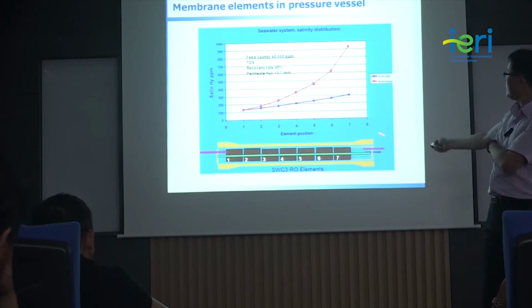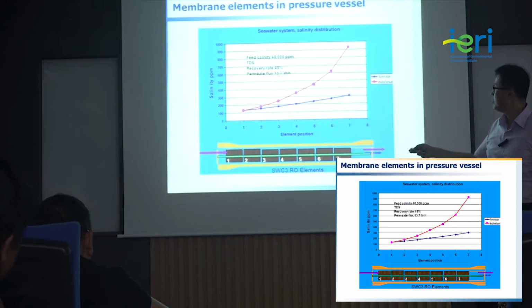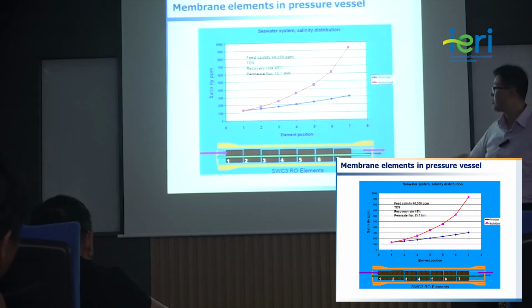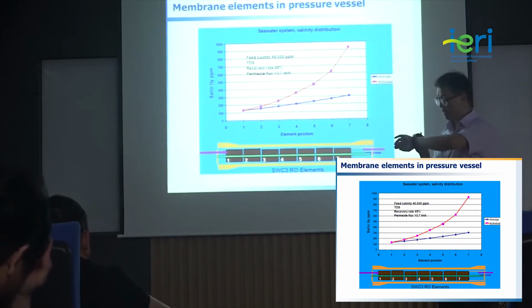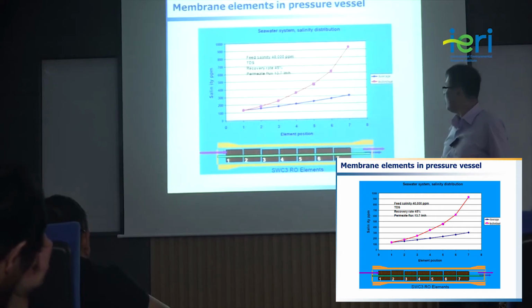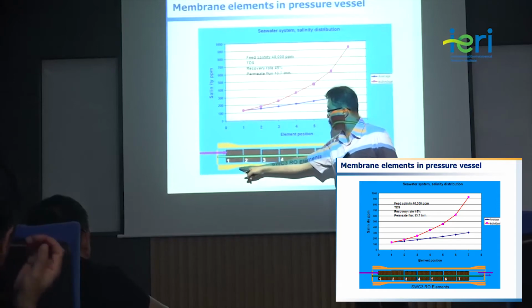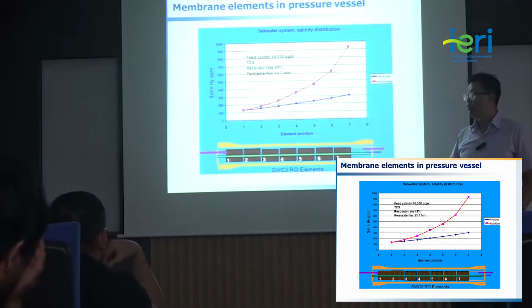And this is an example of membrane elements in a pressure vessel. The x-axis means the element position. We have 7 membranes in series in the pressure vessel. And the y-axis means the salinity in ppm. When seawater flows in this way, the water is filtered.